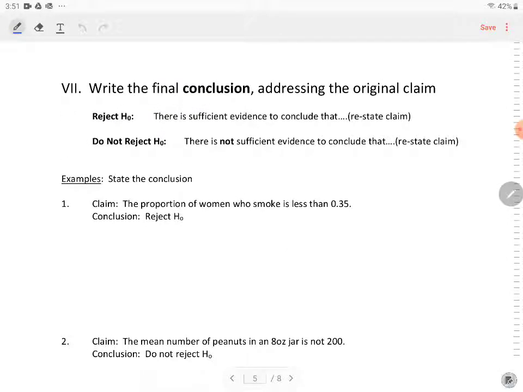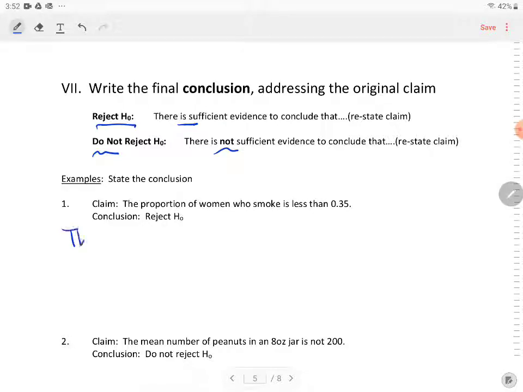Okay, writing the final conclusion. Reject H0. Again, it's kind of like the interval: I am blank percent confident that the true mean is between blank and blank. So we're going to say this. There is sufficient evidence to conclude that, if you reject it. So if reject is a positive, there is. You see, do not reject is not. So the nots go together and the rejects go with is. Claim: the proportion of women who smoke is less than 0.35. Conclusion: reject H0.